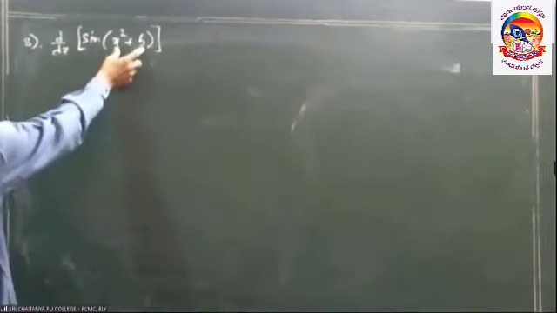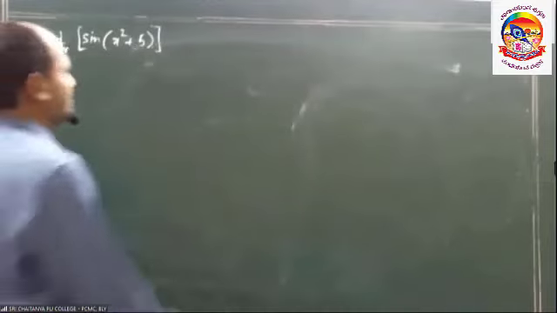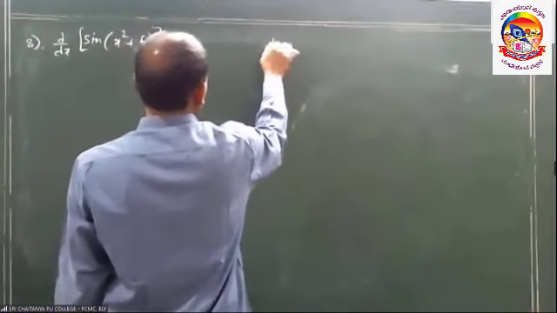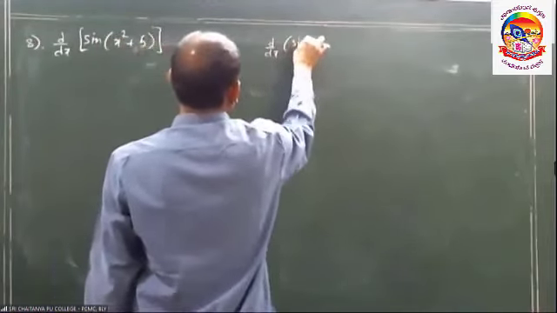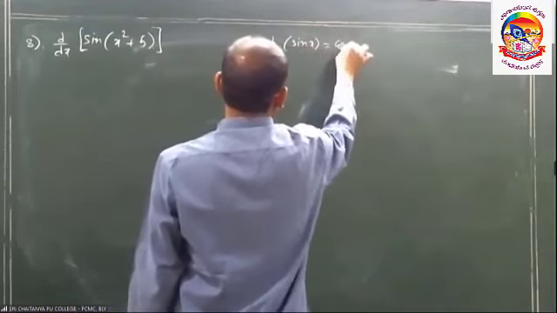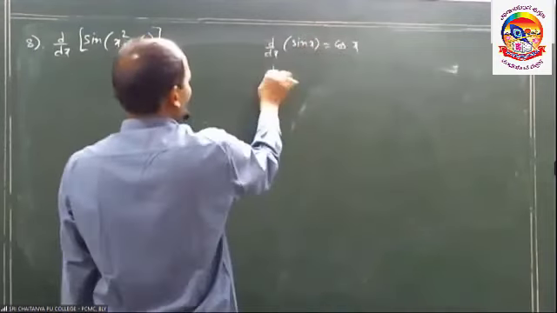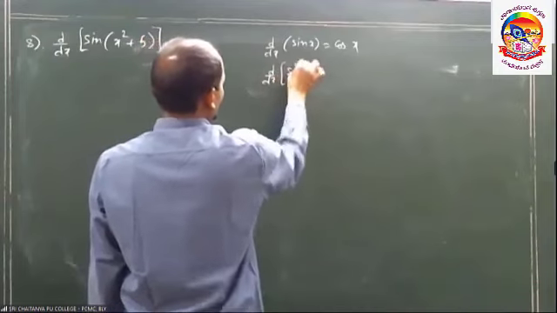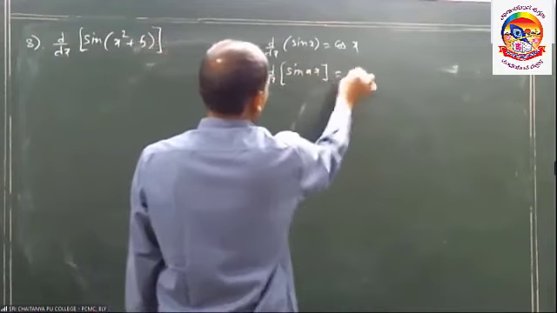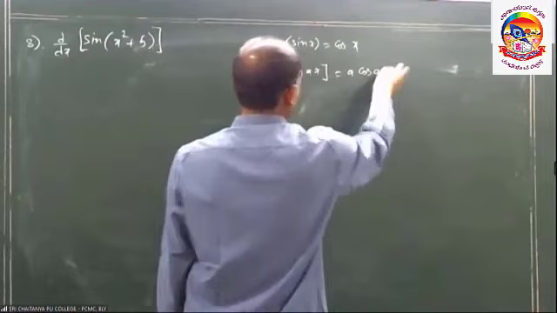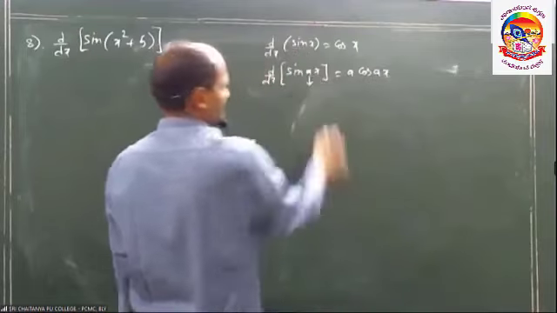Cos x. But instead of x, here we are given another function, that is x square plus 5. We know that the derivative of sin x is cos x. In case of the derivative of sin ax, that is a cos ax, where a is constant.